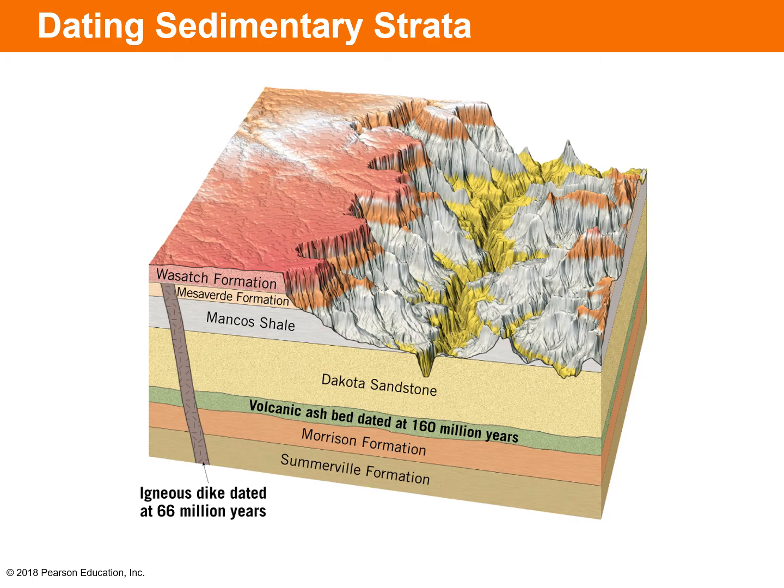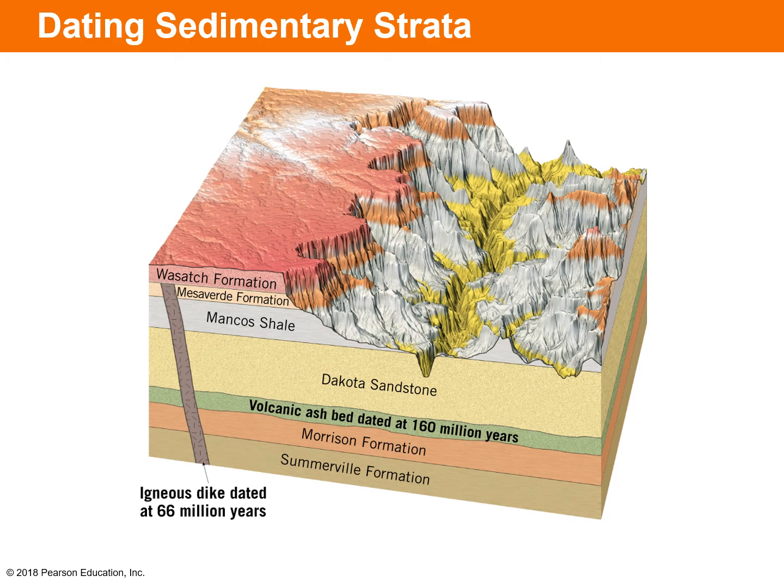You can date the volcanic ash and the igneous dike because those are both igneous materials, and therefore looking at radioactive decay in those materials is valid because they're not composed of sediment from potentially a variety of places.